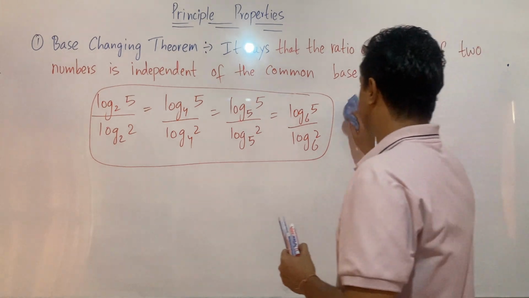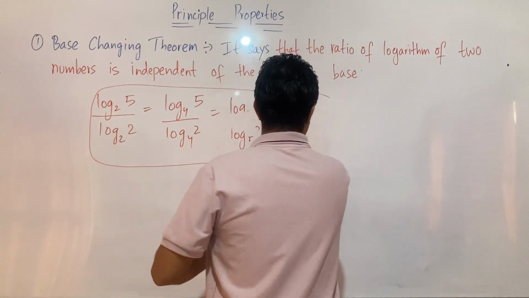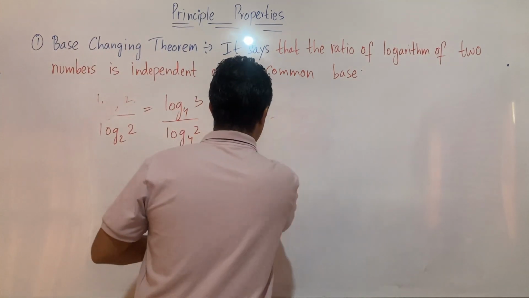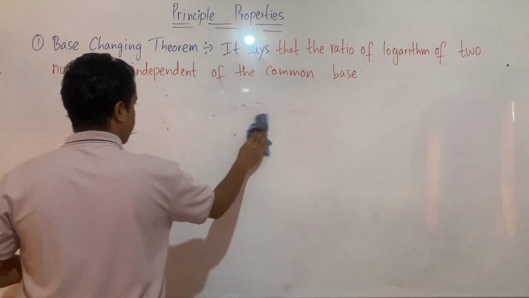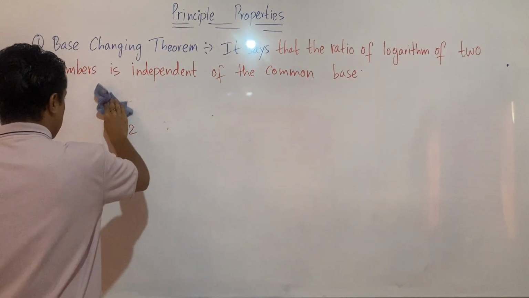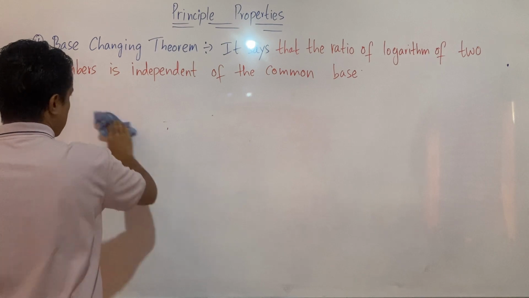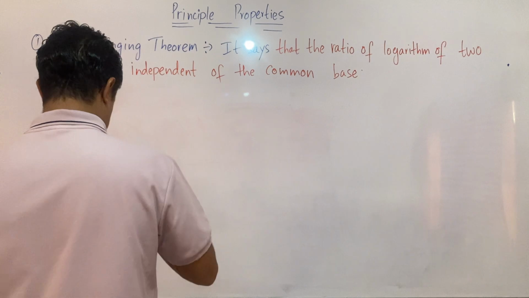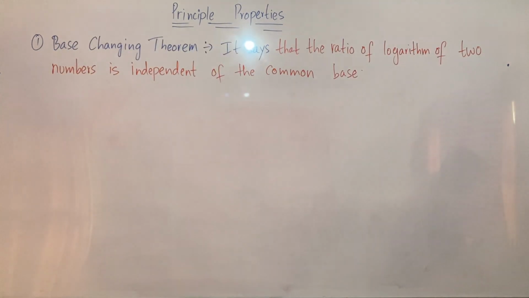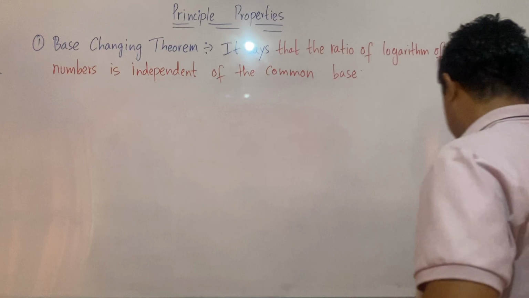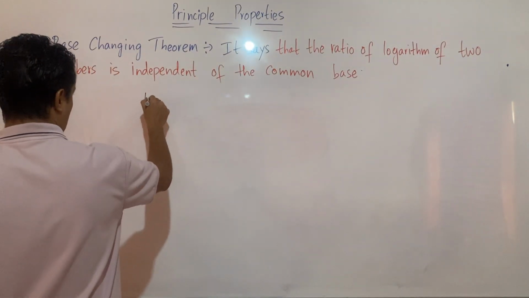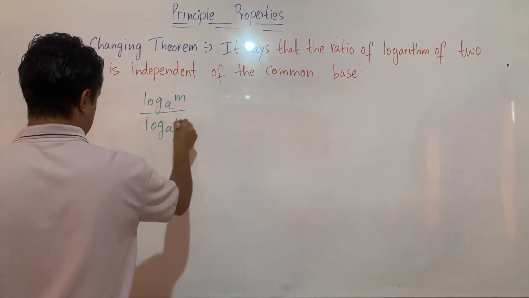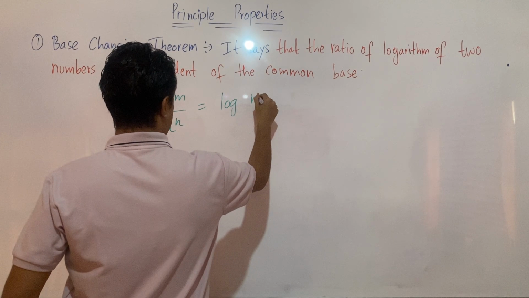This property is summarized as log m to the base a by log n to the base a equals log m to the base n.